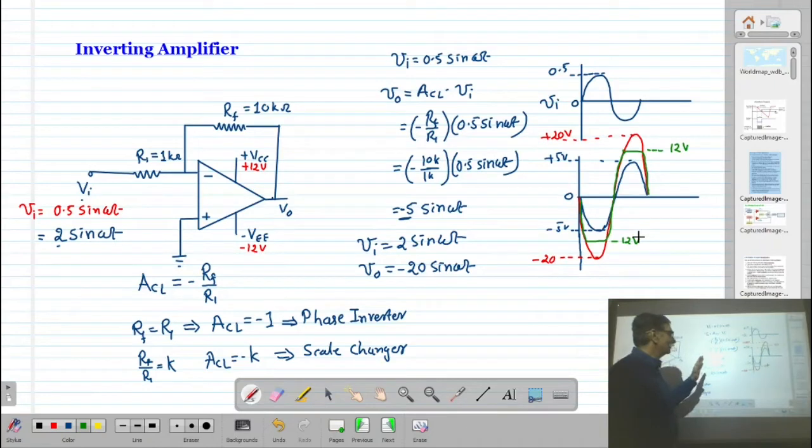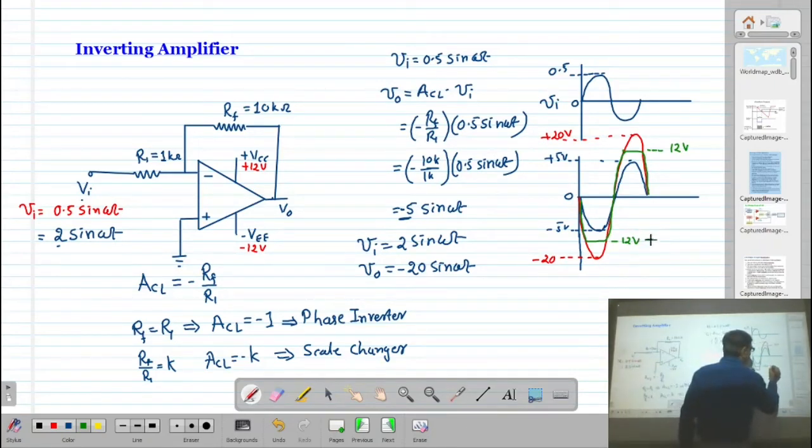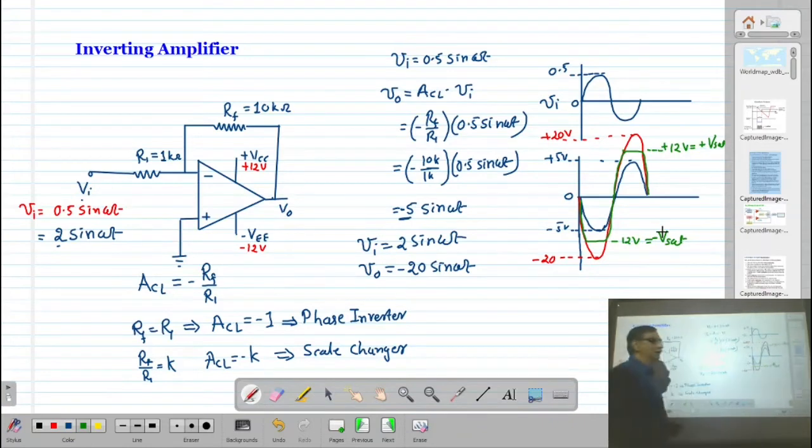So -12 volt is known as minus V saturation, and this +12 volt is known as plus V saturation. So in that case, your output voltage will range from plus saturation to minus saturation.